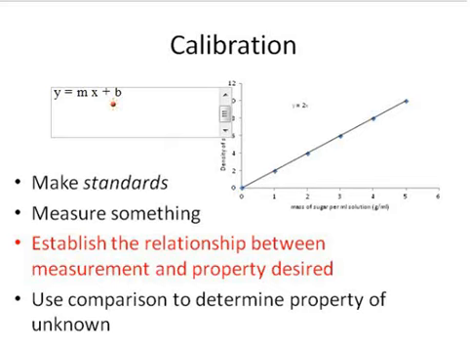So b represents the y-intercept, where the line crashes into the y-axis, in other words, where x becomes equal to 0, and m is the slope, so that's the rise over run. That's the increase in the measured property, the y property, over the increase in the x property. The slope of the line is that property.